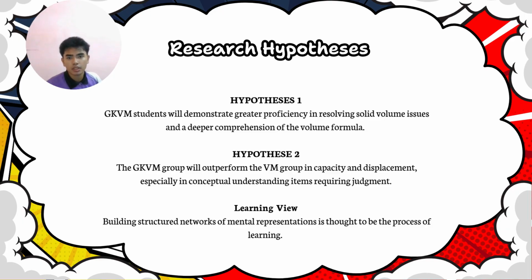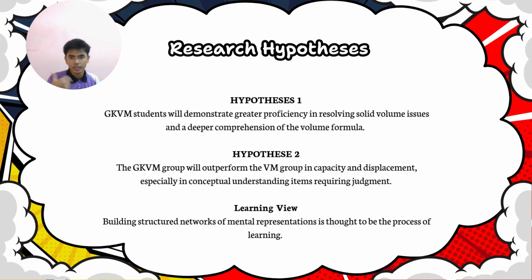The next hypothesis is: the geometry knowledge volume measurement group will outperform the volume measurement group in capacity and displacement, especially in conceptual understanding items requiring judgment. Because when using the internet, they can know a lot of different knowledge and arguments, far better than the traditional way.